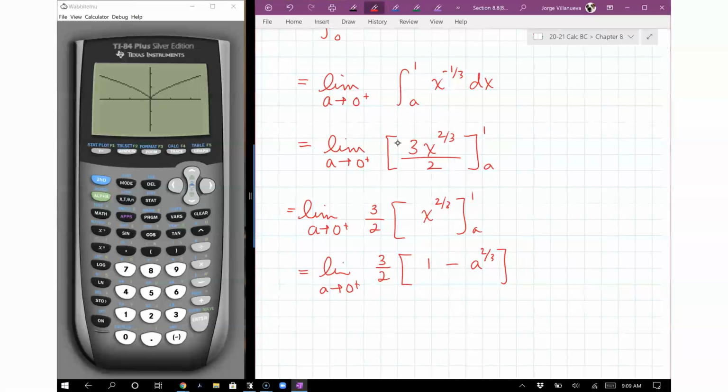When I plug in a 0 from the right, what is the value? I'll even zoom in here for you. What is the value as a approaches 0 from the right? It actually has the point there for you. Anybody tell me?